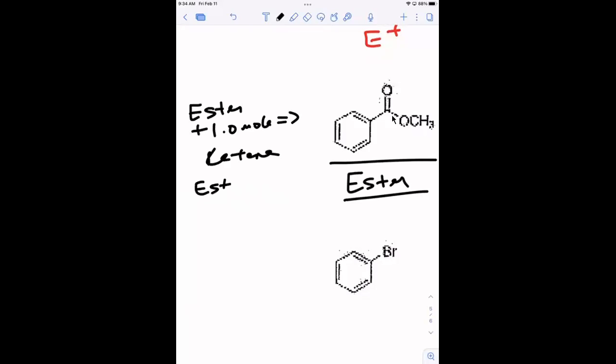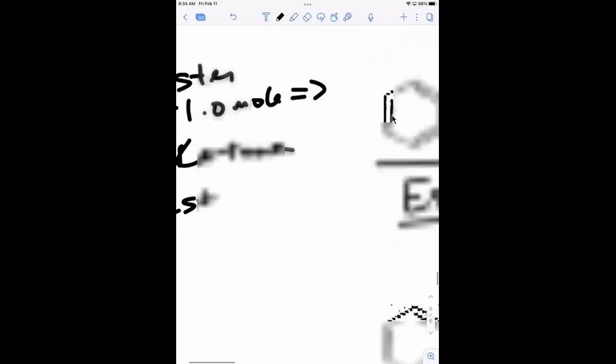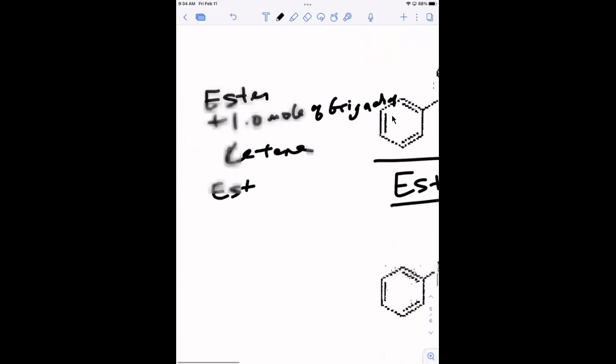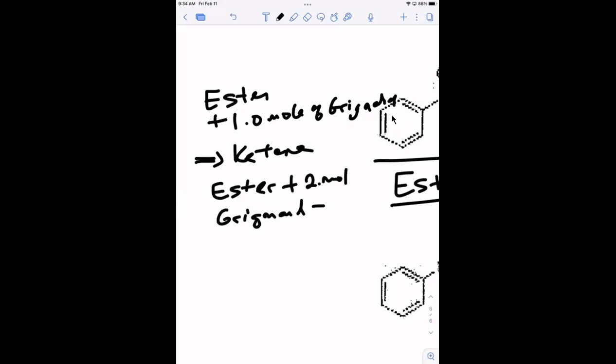We take the ester plus 1 mole of, let me specify. And then you take an ester plus 2 moles. That's going to give you an alcohol.